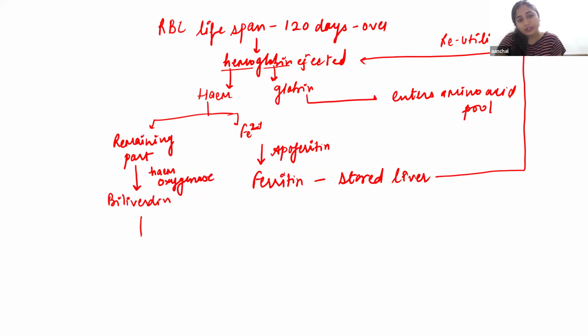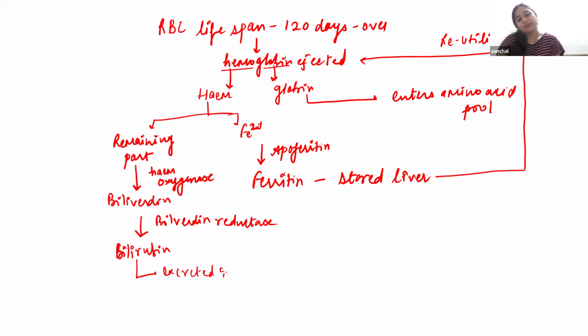Then, next, there will be reduction, and that reduction will occur with the help of biliverdin reductase, and finally we get the bilirubin. Okay, so bilirubin is the product that gets excreted into bile. Okay, so this is all about the fate of hemoglobin, the fate of RBC.